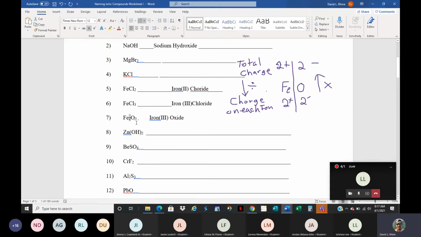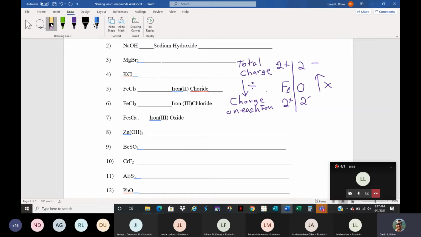All right, so it'll look like this. So then I'll go into my process here. Get my subscripts on here.